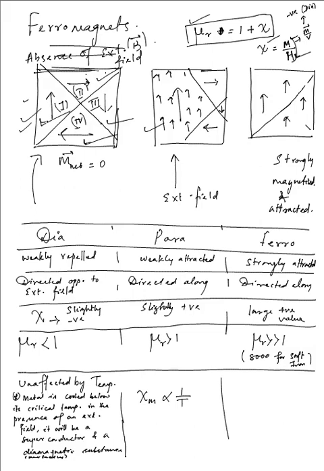That is, the property of ferromagnetism decreases with the increase in temperature. It's quite evident because you have the orientation of these net dipole moments in these domains.